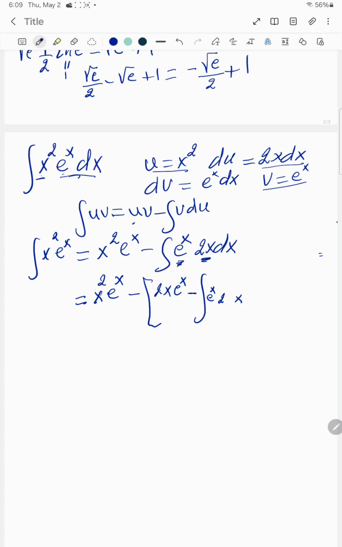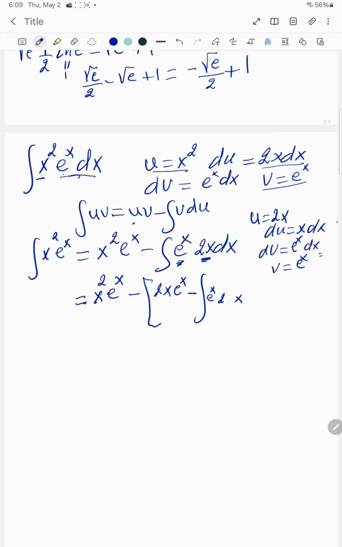Here, if I take u equal to x, my du is x dx, and my dv is e^x dx, so my v is equal to e^x. So it's u times v, which is 2x multiplied by e^x, minus the integral of v du.